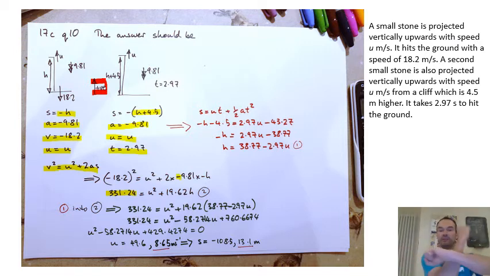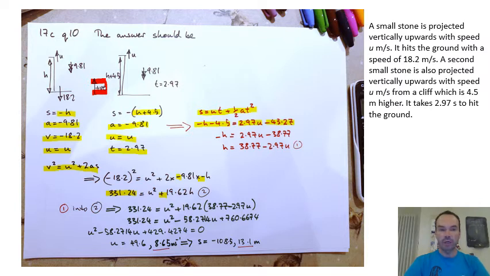A negative and a negative make a positive, so we get this formula here. Right, if we take the second set of information and use s equals ut plus half at squared, the displacement at the end is minus h, take 4.5, t times the u, and half times a times t squared, half times 9.81 times 2.97 squared gives that.